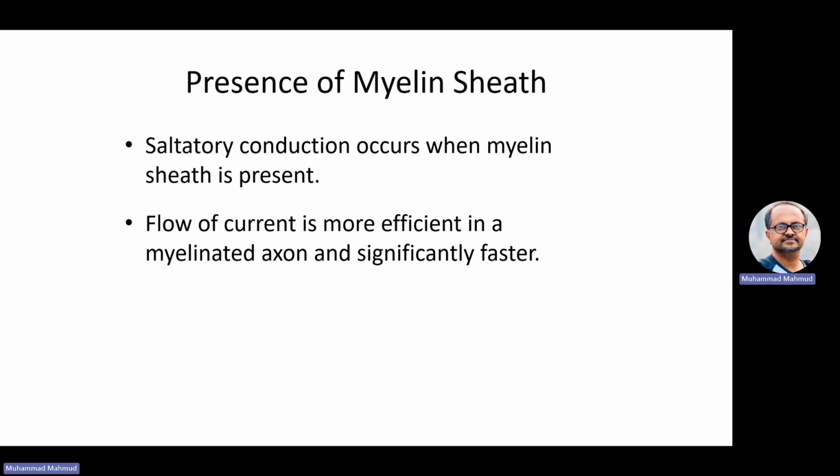The presence of myelin sheath causes saltatory conduction, and that makes it faster. Flow of current is more efficient in a myelinated axon and significantly faster.